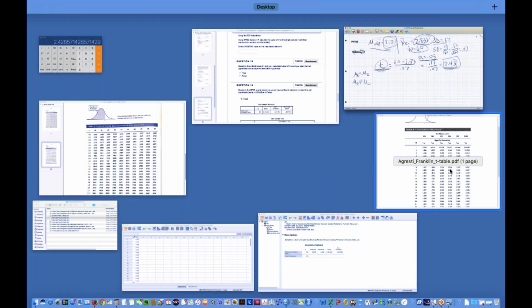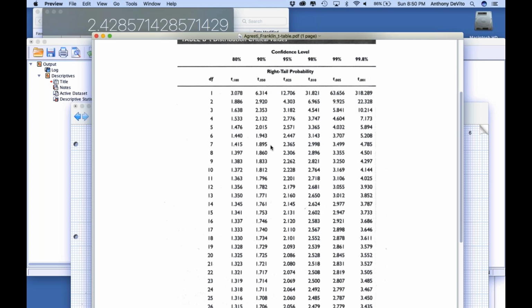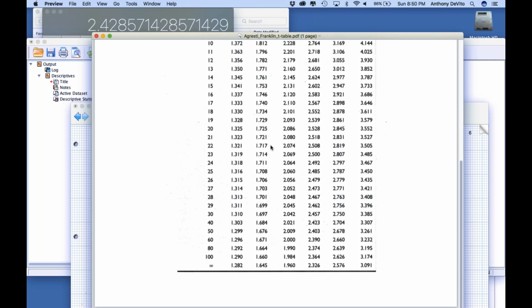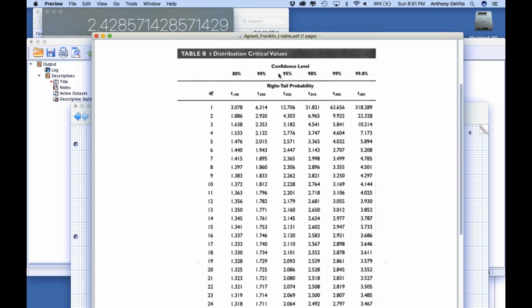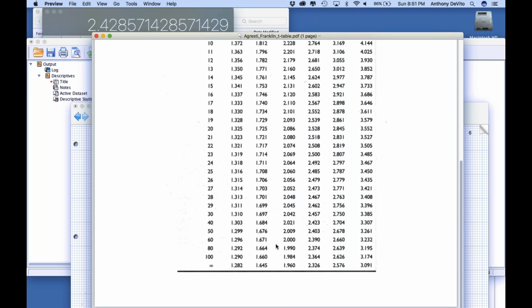So let's get our t table. What is the critical value of t for a sample size of 60? Well, degrees of freedom would be 59, but we're so far up here that they don't bother with that. They just make jumps to 10. So I'm going to stick with 60. Our t critical for 95%, 5% alpha, is equal to 2.00.